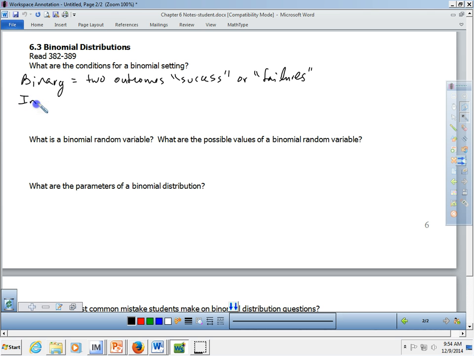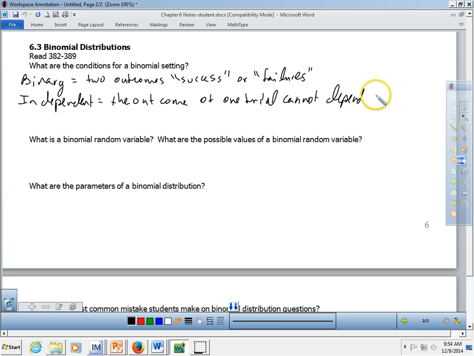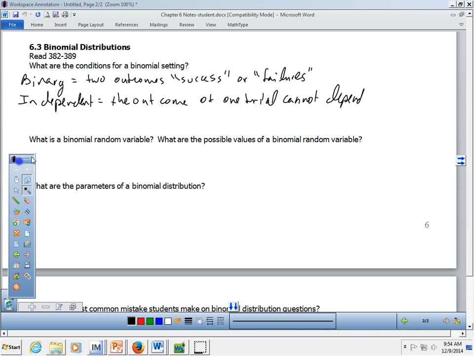So that's binary. So yes or no type of situation. Each trial in our random process needs to be independent. The outcome of one trial cannot depend on the outcome of another, right?